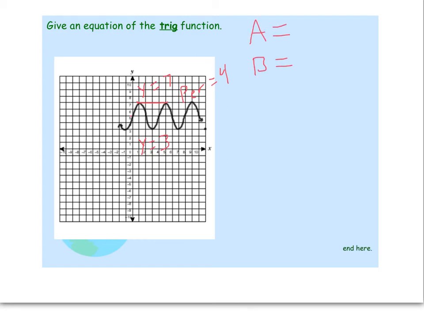Just like before, we need A, we need B, we need H, and we need K. Amplitude is always max minus min over 2. That's why we want to identify those points, because it makes the amplitude relatively easy to find.